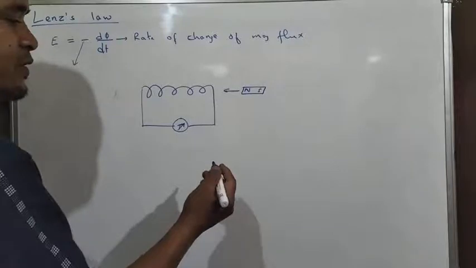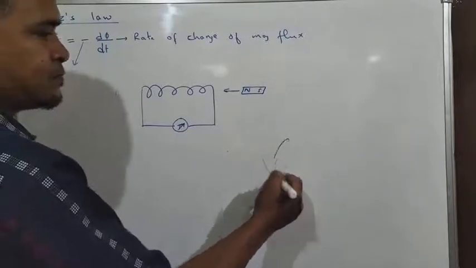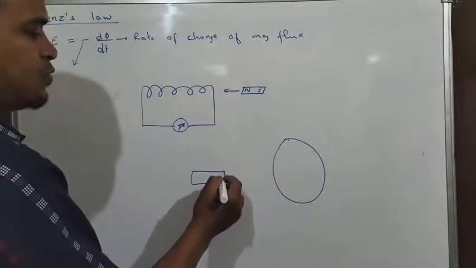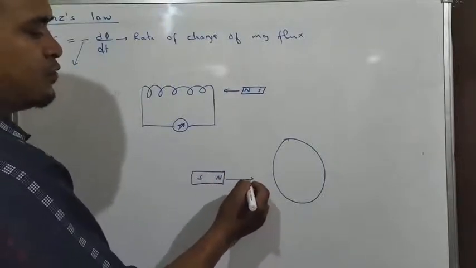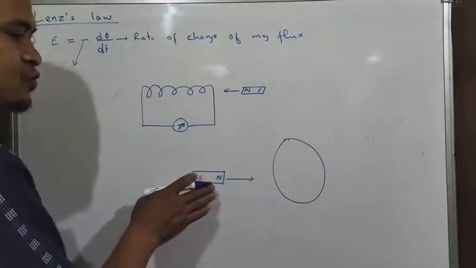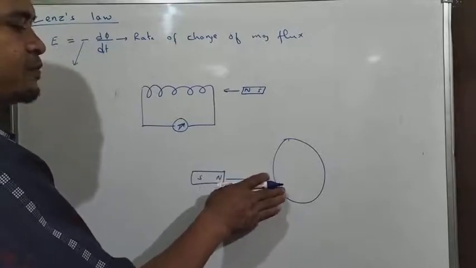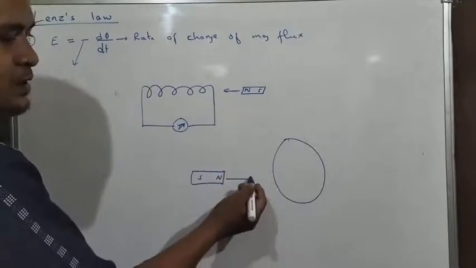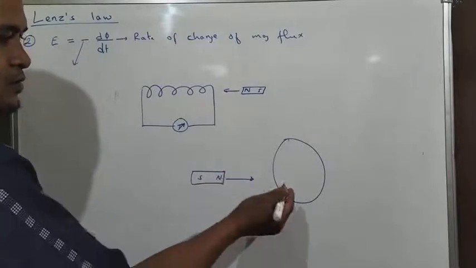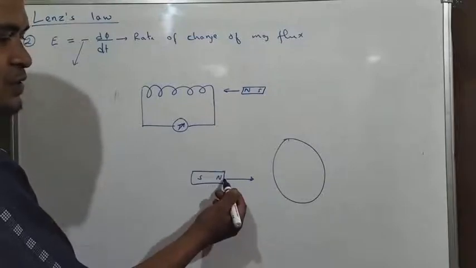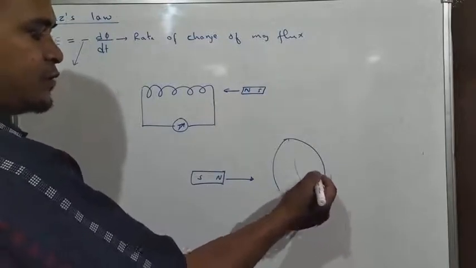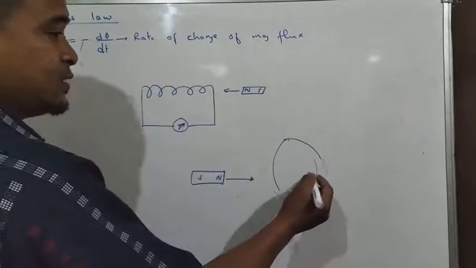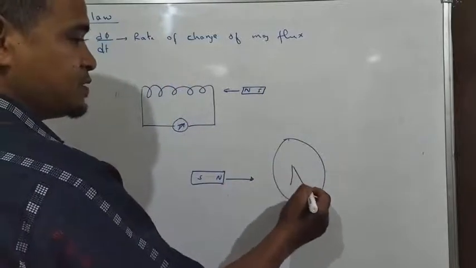For that, suppose this is a north pole and I move it towards the face of the coil. This face of the coil, close to the north pole, will behave like a north pole.